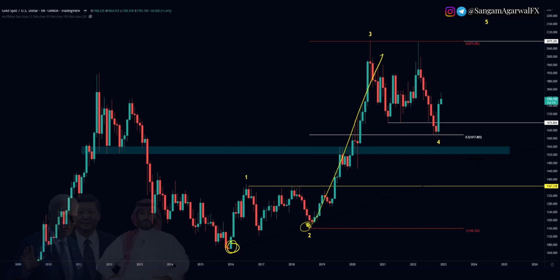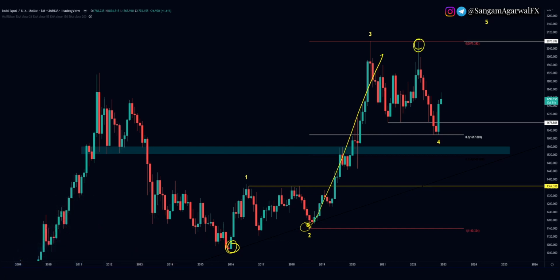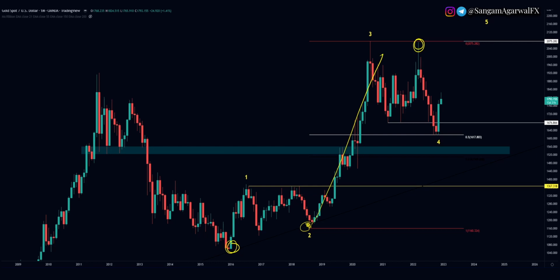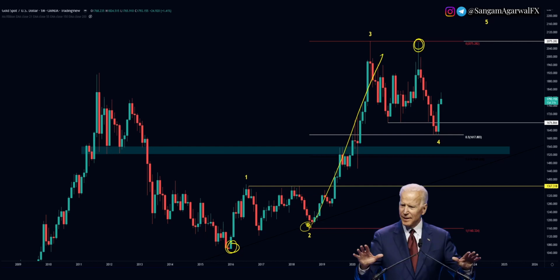That was speculation, but when this top was made, everything became real. Globalization has been ended for next 10 years, and that trade war between China and USA is now spread to every country in the world.